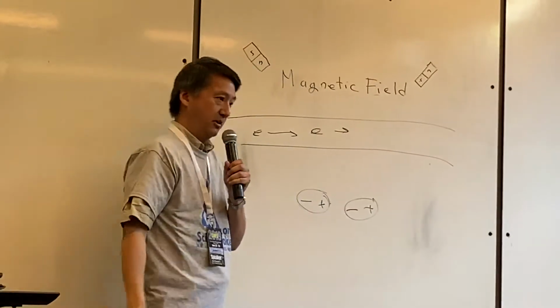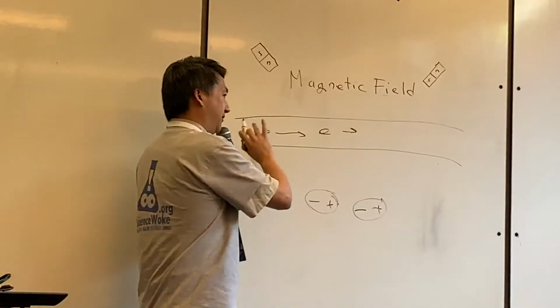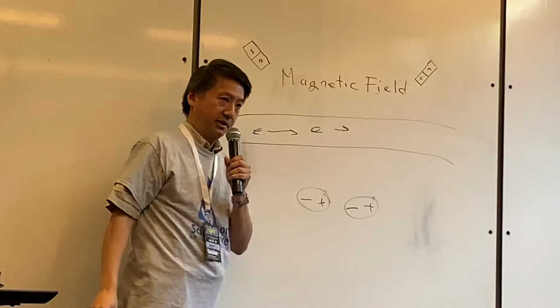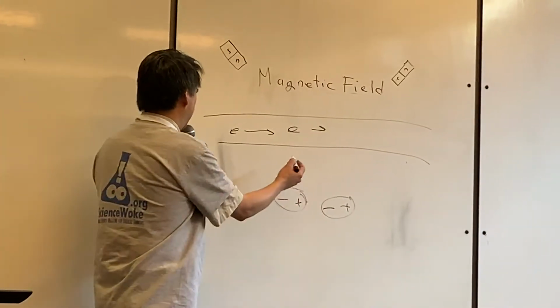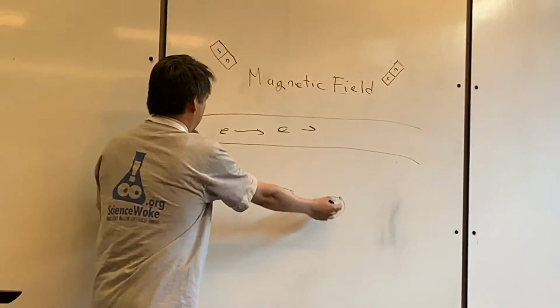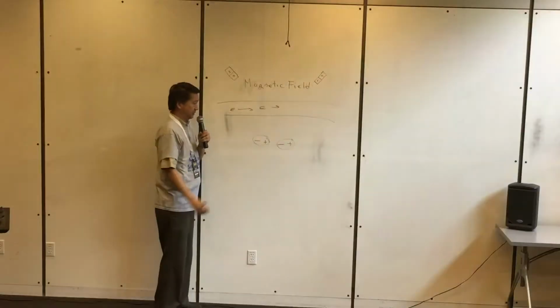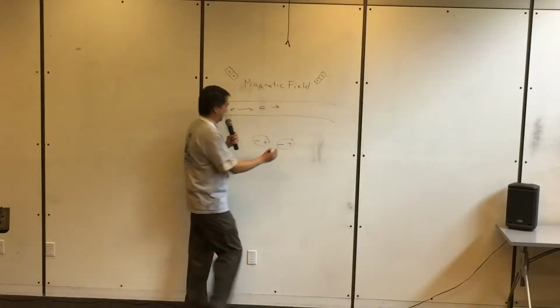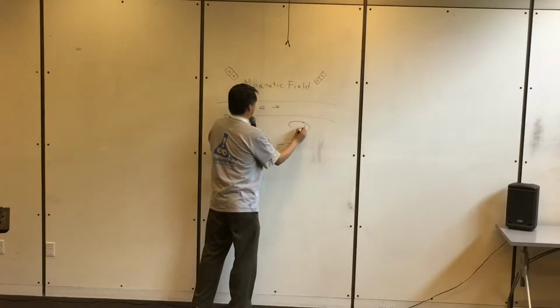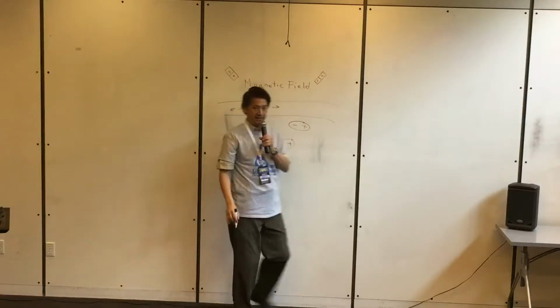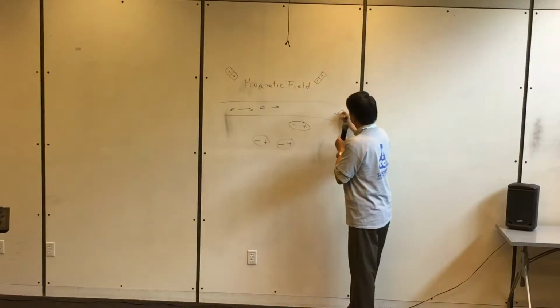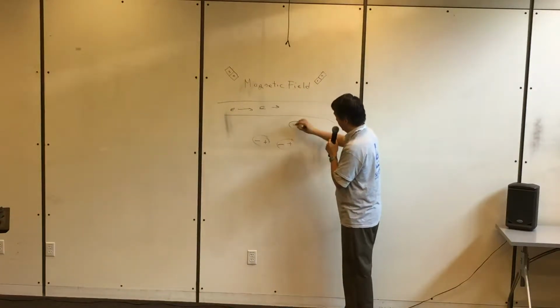So what I'm saying is that when you have a wire, you've got electrons going all in one direction, and somehow that causes the charges to line up.